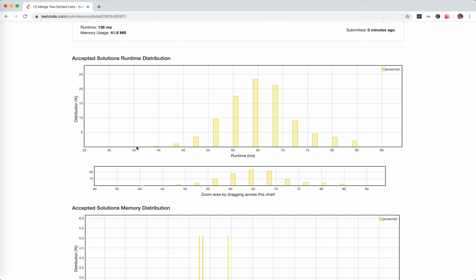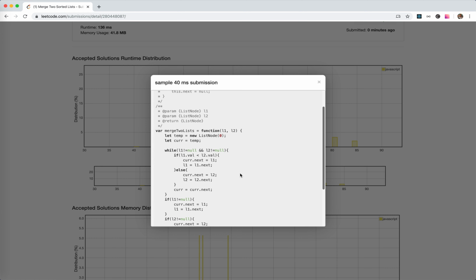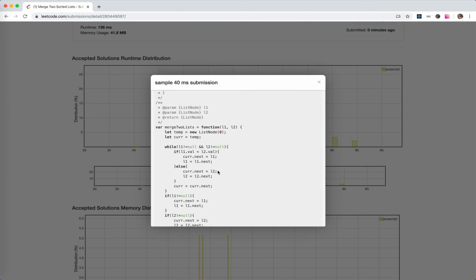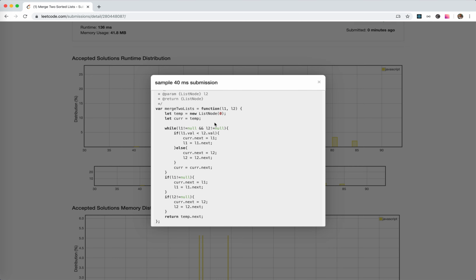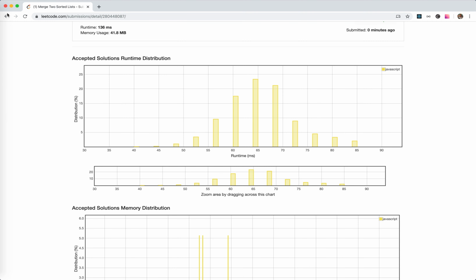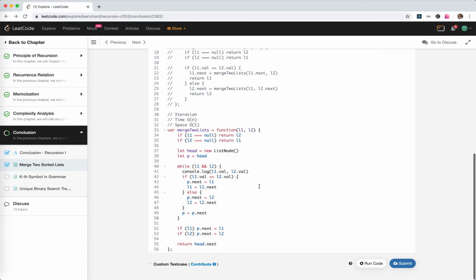Let's look at how fast the other solutions are. Wow, no, it's actually the same. Anyway, you can see the result here.